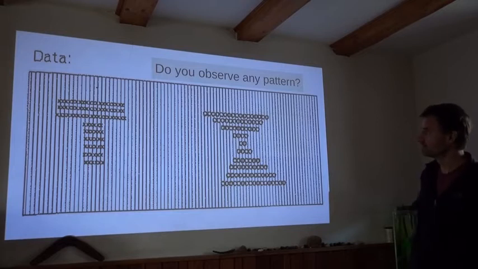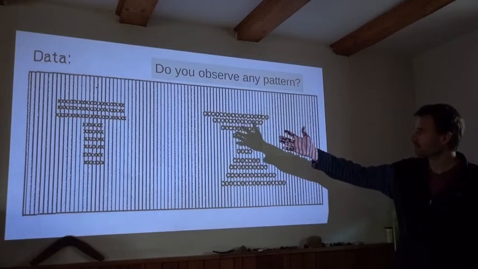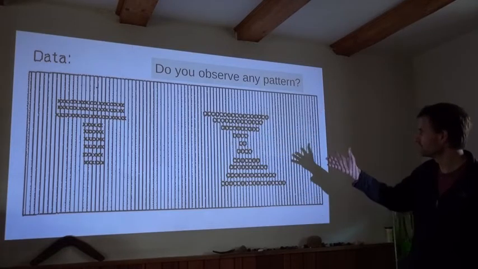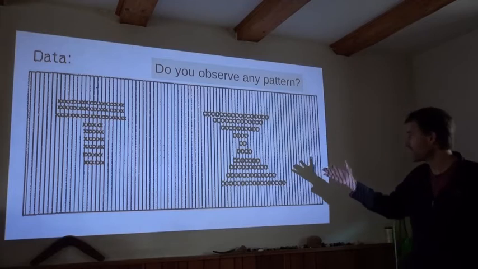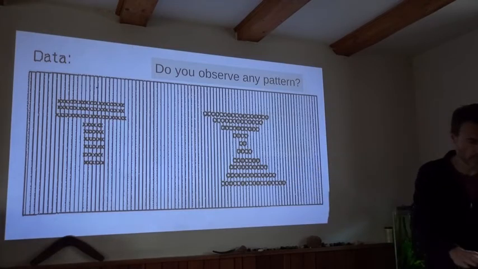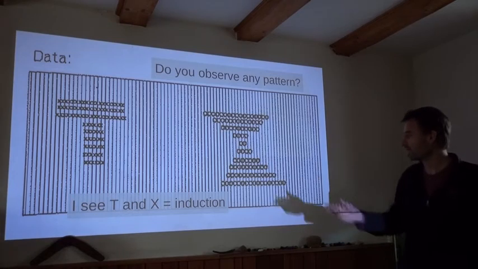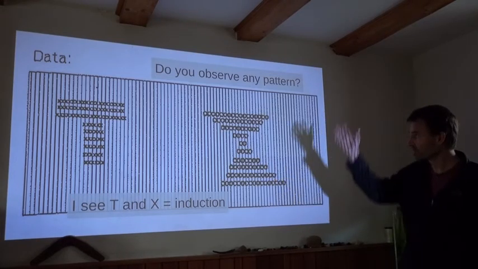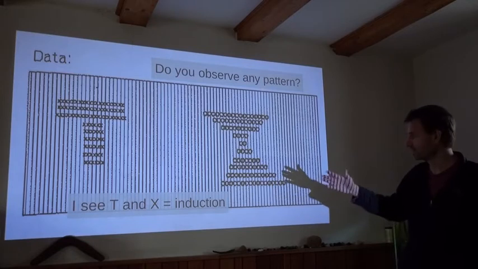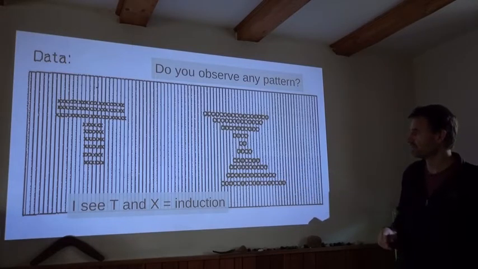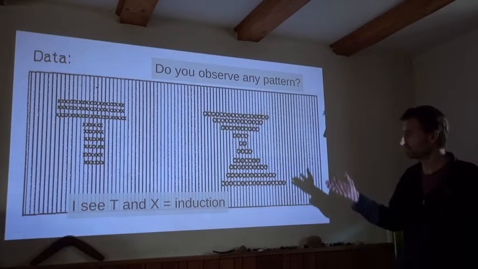And you would probably answer, yes, I see something like T and I see something like X, perhaps. So this would be your answer, and the process by which you get the knowledge about T and X is induction.